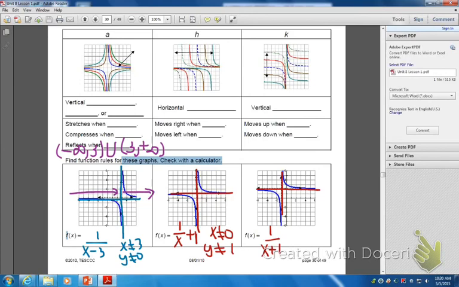So what's your k? Plus 2. We went up, so it would be plus 2. All right. What can x not be? Negative 1. Y cannot be 2. All right. Any questions on that? Okay. Very good. We'll stop there.